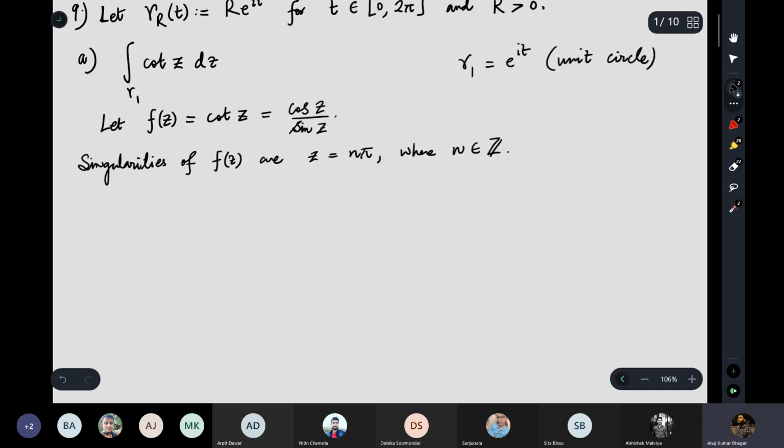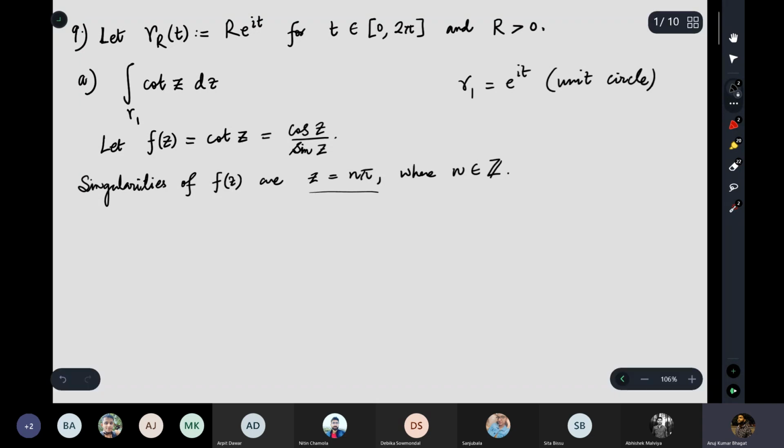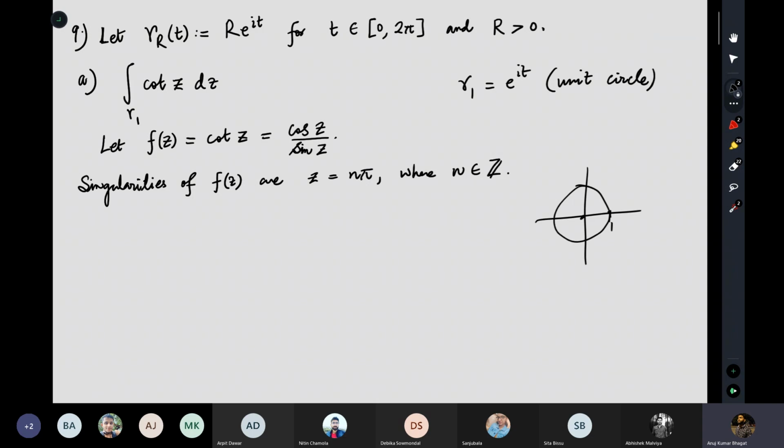Now, you have to take into consideration only those singularities which are inside gamma 1. Gamma 1 is a unit circle. Among these, which points lie inside gamma 1? z equals 0. Only z equals 0 will lie inside gamma 1, because gamma 1 is a circle of radius 1, and the next points, pi or minus pi, are much larger than 1, so they are outside the unit circle.